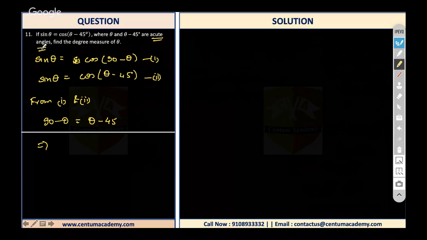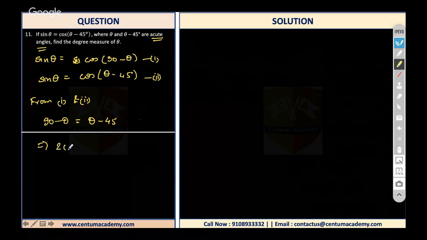If this was not mentioned, then you can have multiple such possibilities. So you can have this plus 360 also is correct. Why? Because cos of 360 plus anything is as good as cos of anything. So anyway, we are not going to that detail. This is left for your higher grades. So since they have mentioned that it is an acute angle, then you can easily write this.